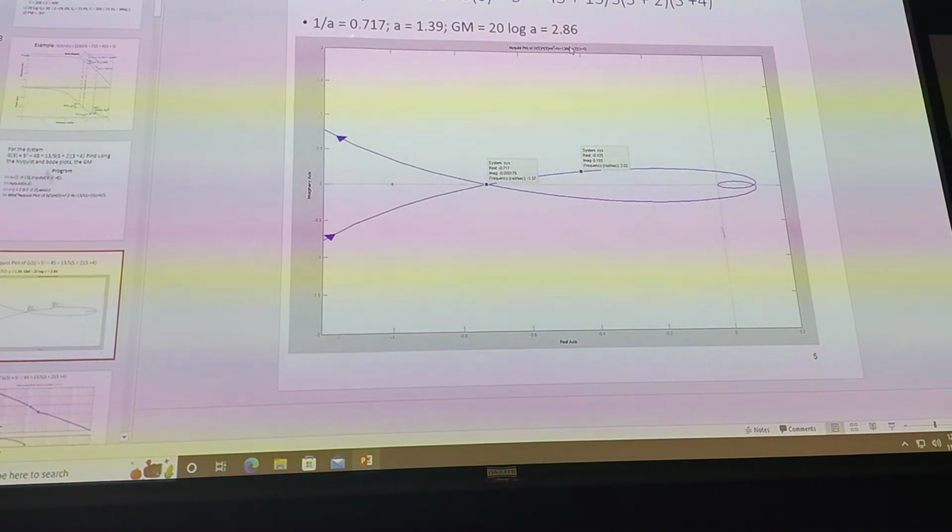It is 0.717, meaning that the point -1 is outside this graph. So it is not encircled. So it is 0 encirclements, and this is 0. So that system, in the way it is presented, is stable.